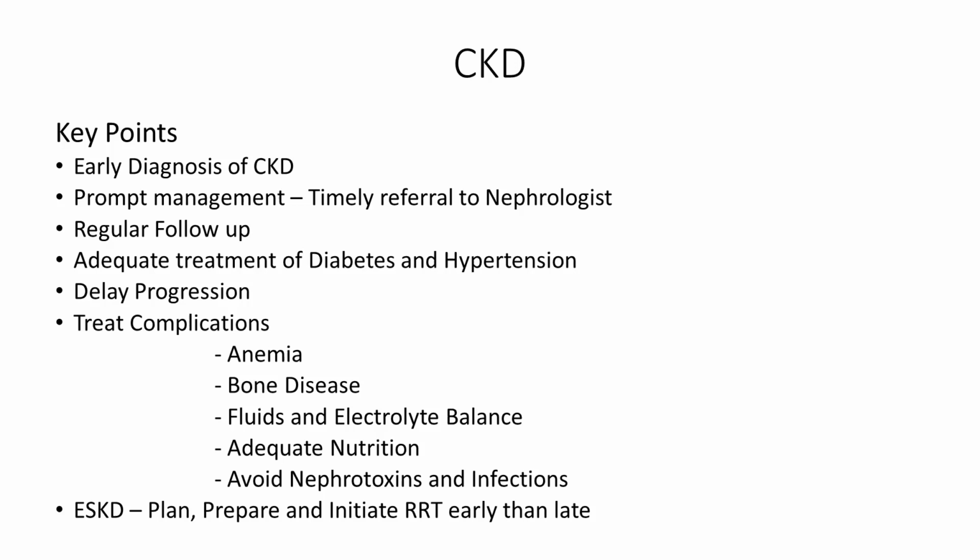And once the patient is in stage 4 or stage 5, you have to plan and prepare for renal replacement therapy. It is always better to start renal replacement therapy early than late, because in an emergency, severe complications can occur. This was about chronic kidney disease. You go through it, prepare for it, and the next lecture will be on renal replacement therapy, different modalities like hemodialysis, peritoneal dialysis, or kidney transplantation.